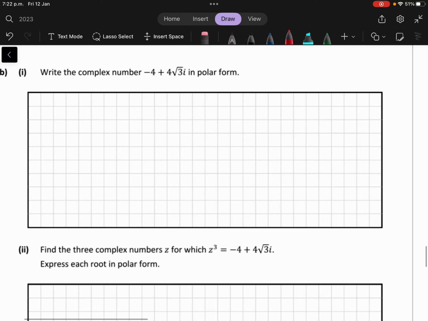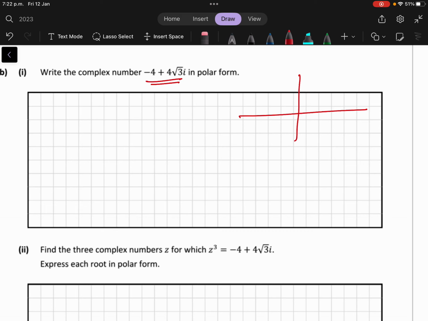Write the complex number in the polar form. Now how will you write it in the polar form? Polar form is like cos theta and sin theta. You should know that. What you should do is try to plot the number just for reference.